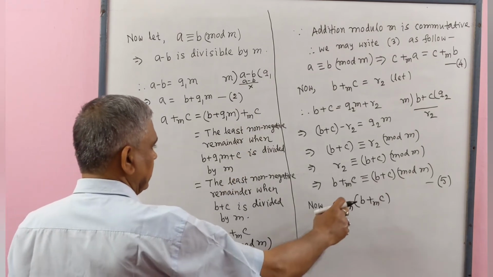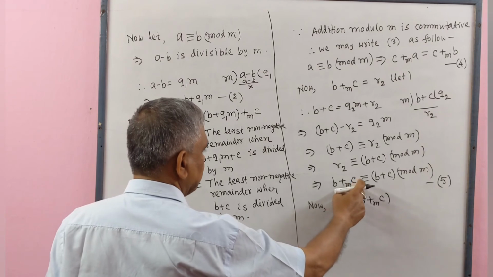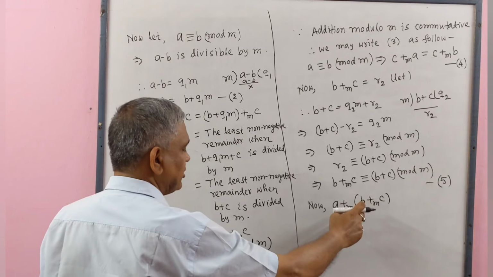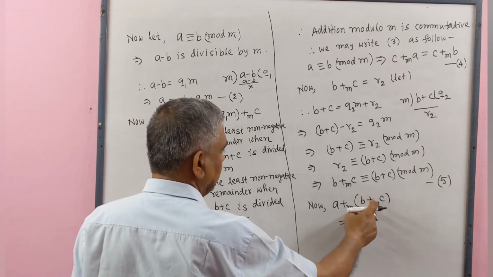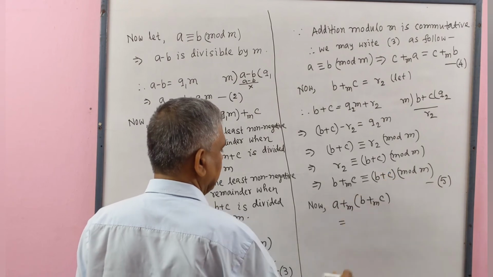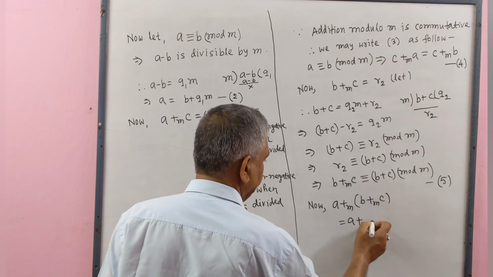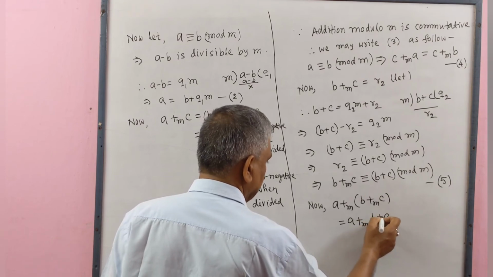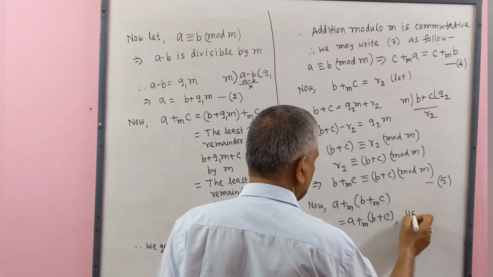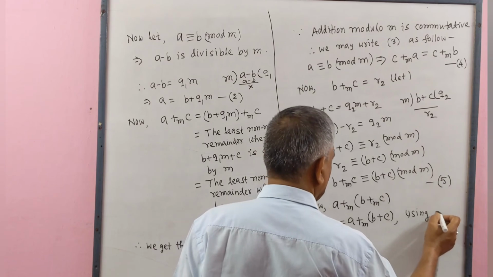Here, this B addition modulo M C is congruent to B plus C modulo M. Then in place of B addition modulo M C, we may write B plus C. That is A addition modulo M B plus C, by using equation number 4.